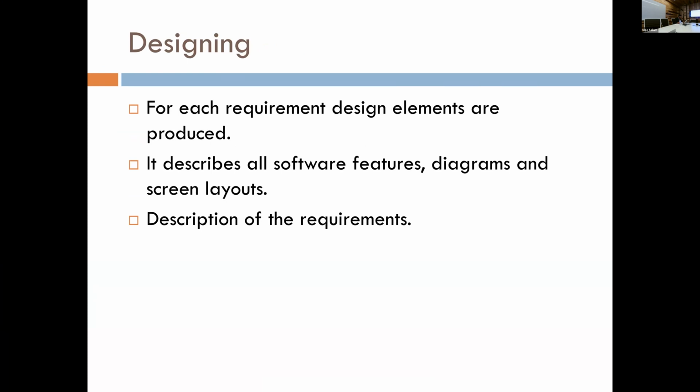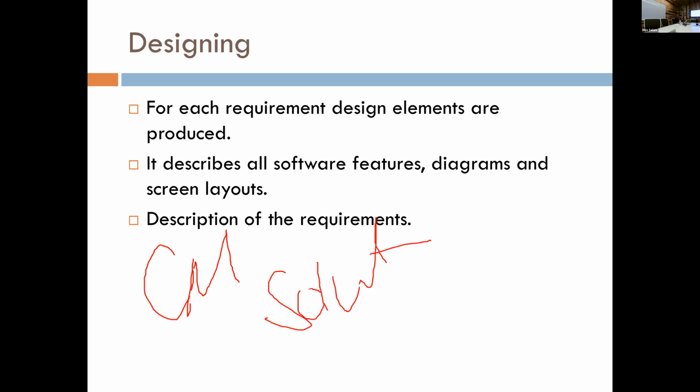What's happening in designing? Who's working on the designing phase? Who's the main person working in the designing phase? The PM and the developers. Yeah, he's doing solution architect, right? Yeah, he's doing solution architect.